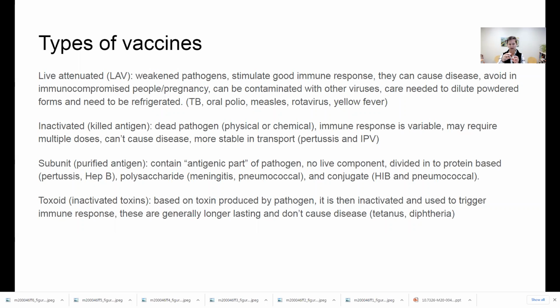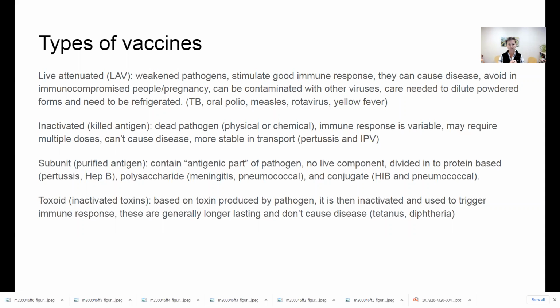And you're hearing about it a bit now with COVID, like everybody's heard about that S spike, and so that's where vaccines are being focused on, that S spike. So the subunit contains an antigenic part of the pathogen, no live virus or bacteria, and these can be either protein based, they can be polysaccharide or sugar based, or they could be a conjugate.